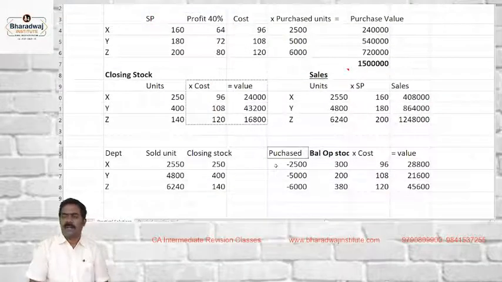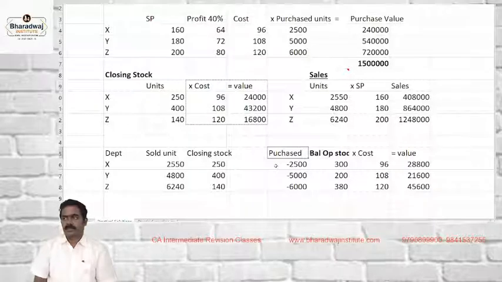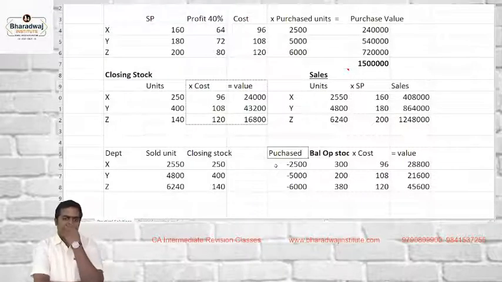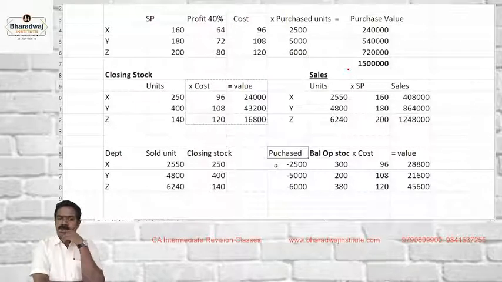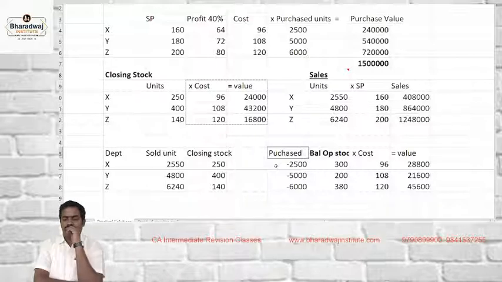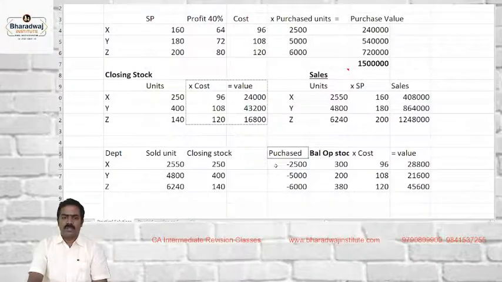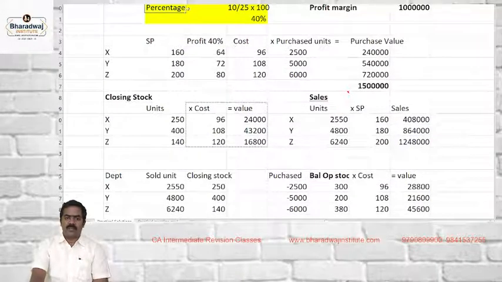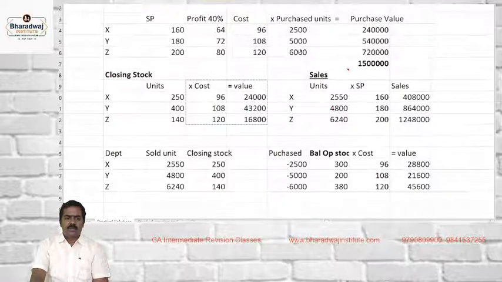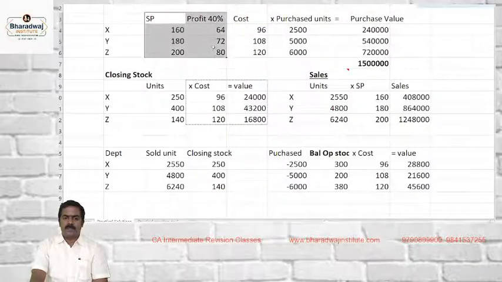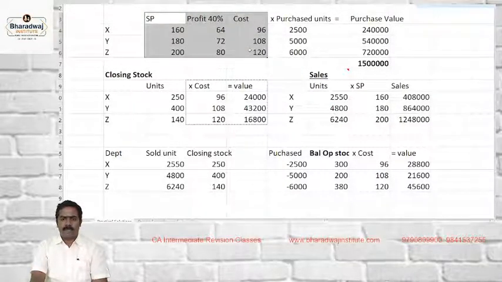Now you can prepare the trading account after this. So the hint for us is uniform gross profit ratio. Using that we found out this percentage, 40%. From selling price, eliminate profit margin, you get cost.